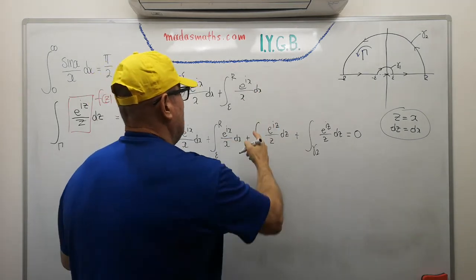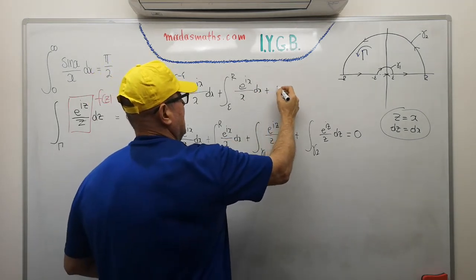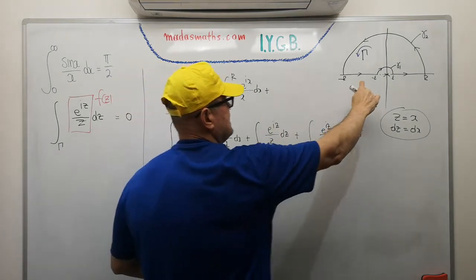Okay, so let's parameterize a little bit this gamma 1.